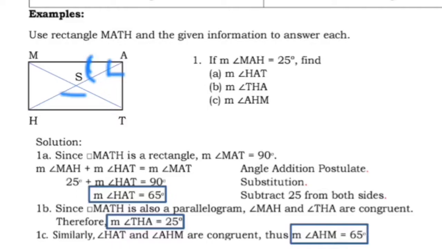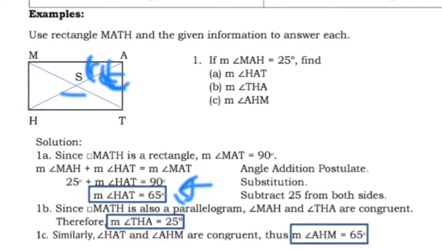Since the given angle MAH is 25 degrees, it follows that angle HAT is 90 minus 25. So the answer will be 65. This is the measure of angle HAT.